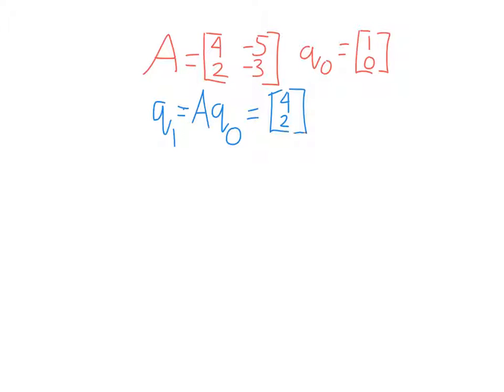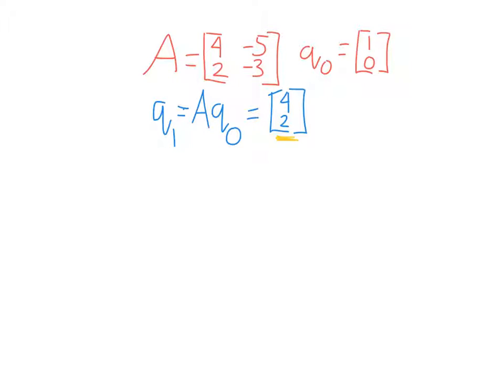Now remember, if x is an eigenvector of A, then so too is any non-zero scalar multiple of x. So why am I telling you this? Well, there's nothing in the power method that will prevent vectors like this getting arbitrarily large or arbitrarily small.